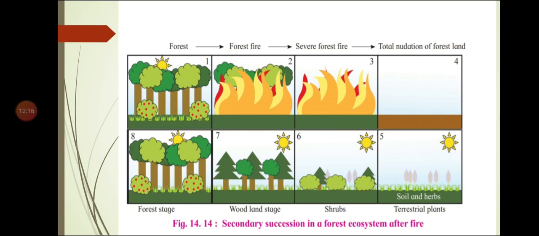But another important fact to understand is that all the succession, whether taking place in water or land, is going to proceed to a similar climax community. At the end, the climax community will be the same, that is mesic condition. So at the last we are going to get mesic condition.